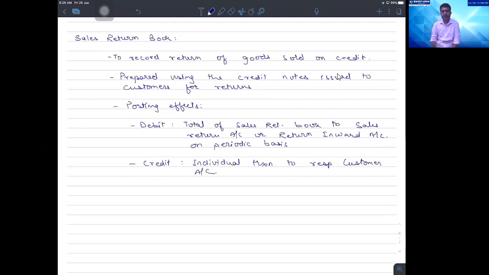To the respective customer account. Am I right? So this is about the concept of the sales return book and the purchase return book.